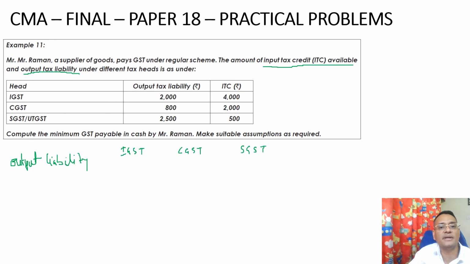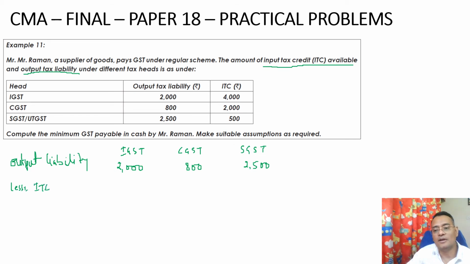So the output liability is: IGST is 2,000, CGST 800, SGST/UTGST 2,500 rupees.